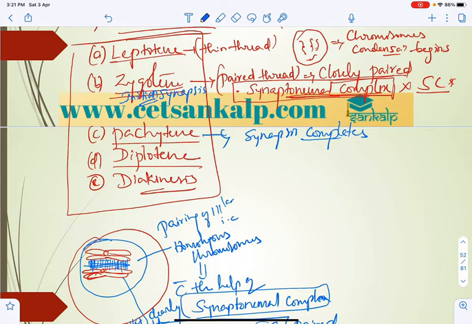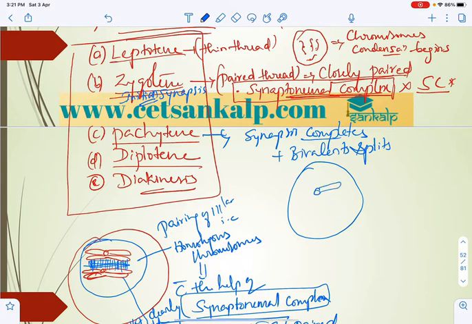And here the bivalent splits. When the bivalent splits, it means the chromosome splits. We can show it like this diagram. It will split like this. Bivalent splits, so there will be the attachment, right?